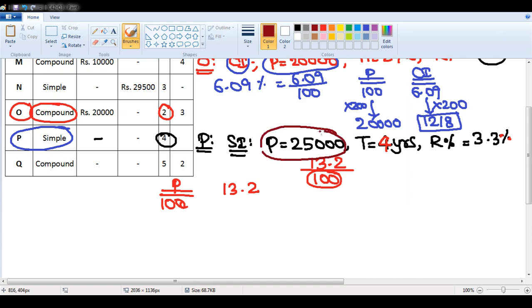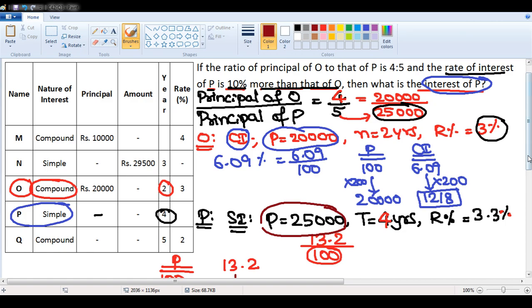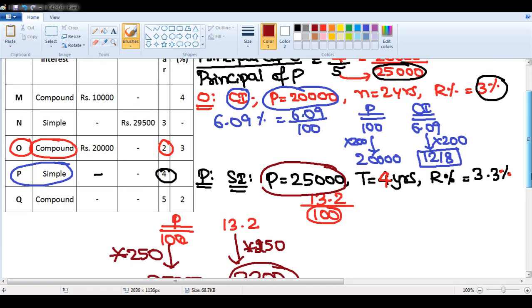I am taking 25,000. 100 is becoming 25,000. Multiply by 250. 13.2 is also multiplied by 250. When you multiply that, it is 132 into 25. 3,300 rupees should be the interest. Answer is 3,300.